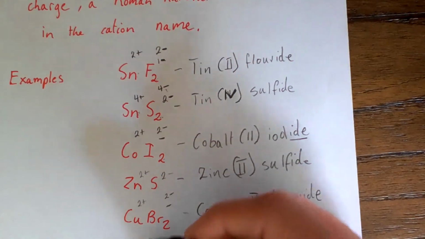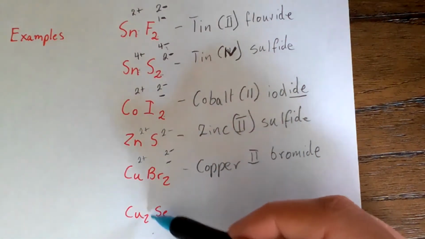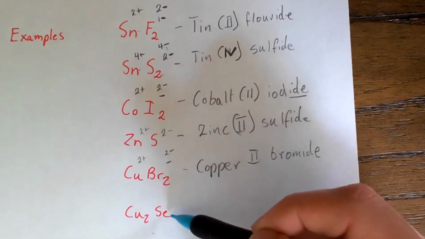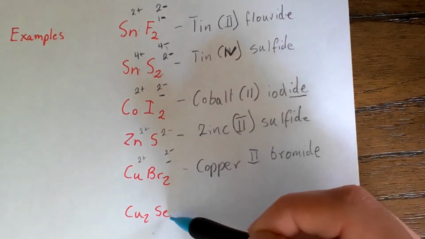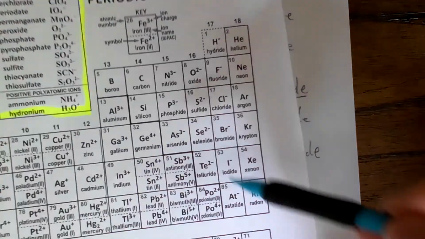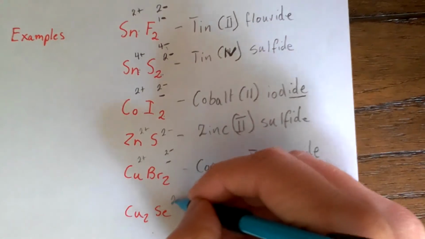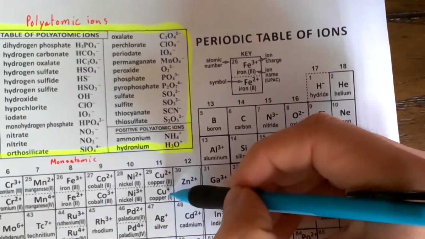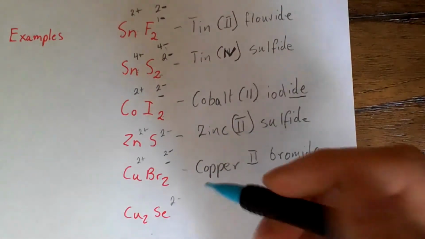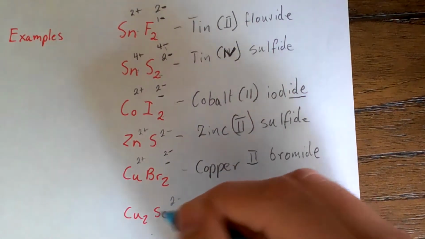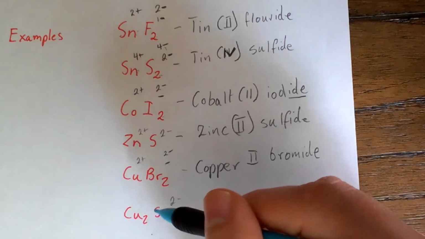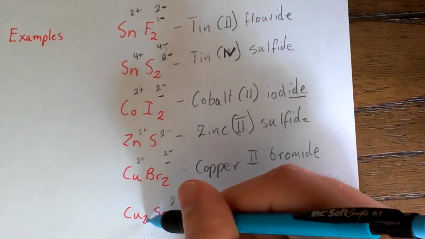Okay, let's do the next one. Copper selenide, which is selenium. Let's figure out the charge of selenium. Selenium is in group 16. It's got a 2 minus charge. And we have copper. We have to figure out if it's copper 1 or copper 2. Now this is a little tricky because we have 2 atoms of copper here.